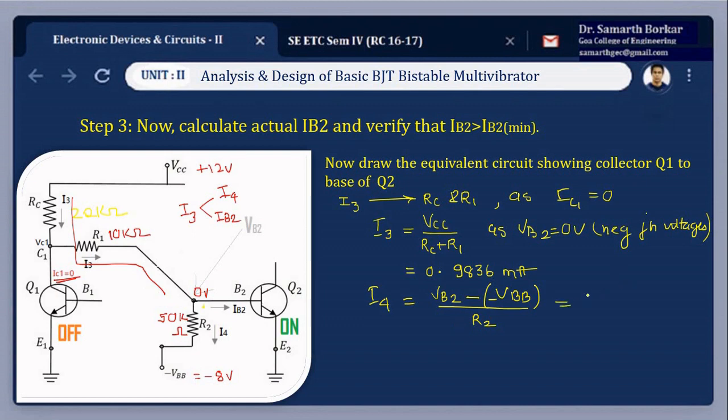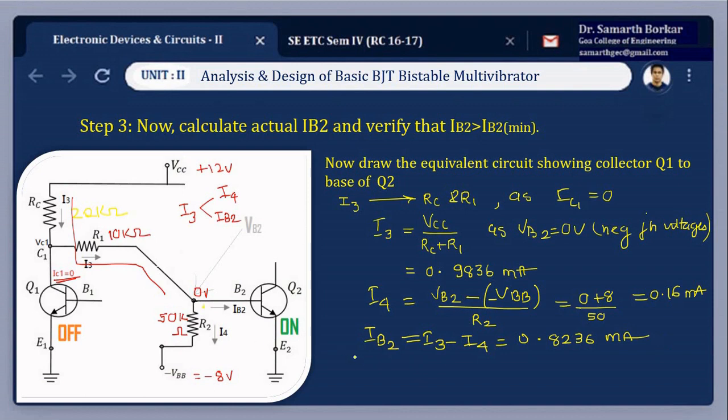So it is 0 plus 8 volts divided by 50, and the answer is 0.16 milliamperes. What we are interested in finding is the value of IB2, which is the difference of I3 minus I4, which equals 0.8236 milliamperes.